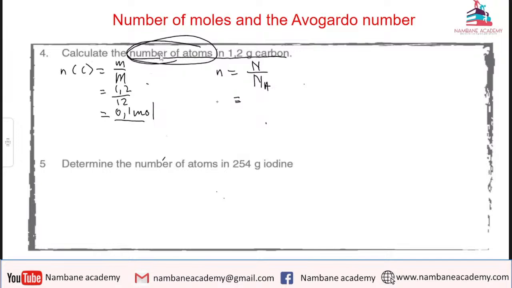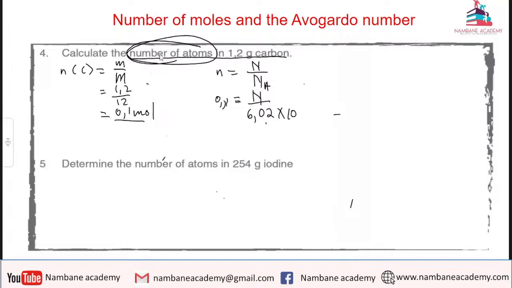0.1 mole multiplied by 6.02 multiplied by 10 to power 23.